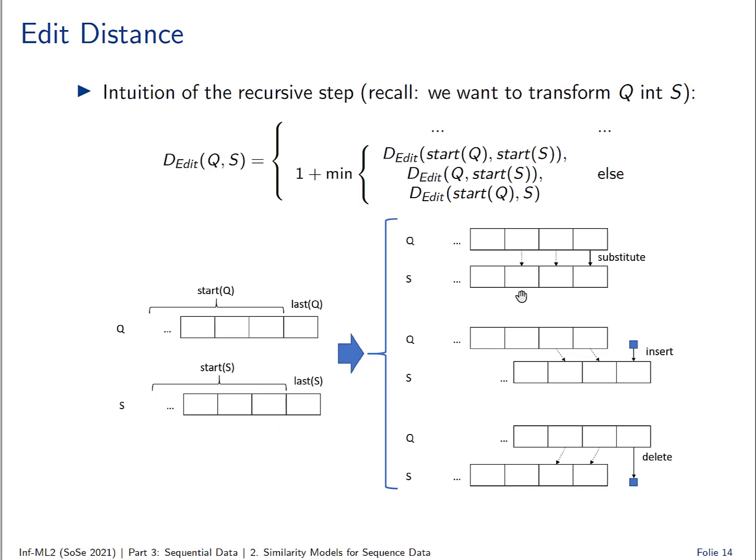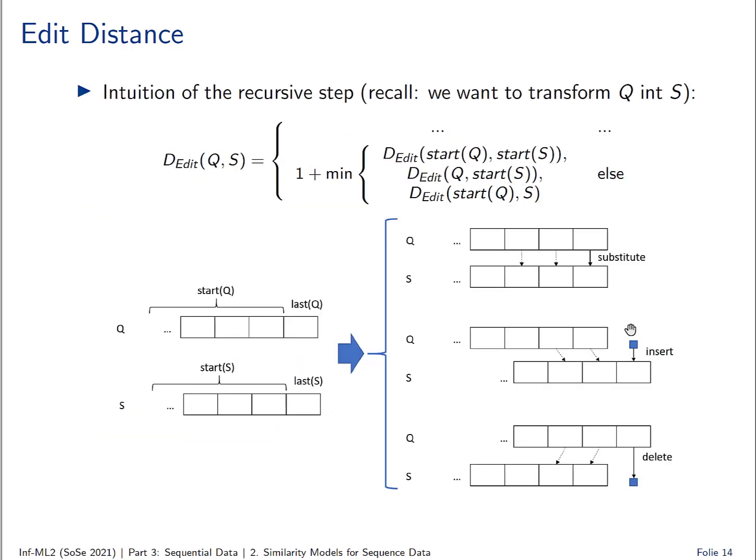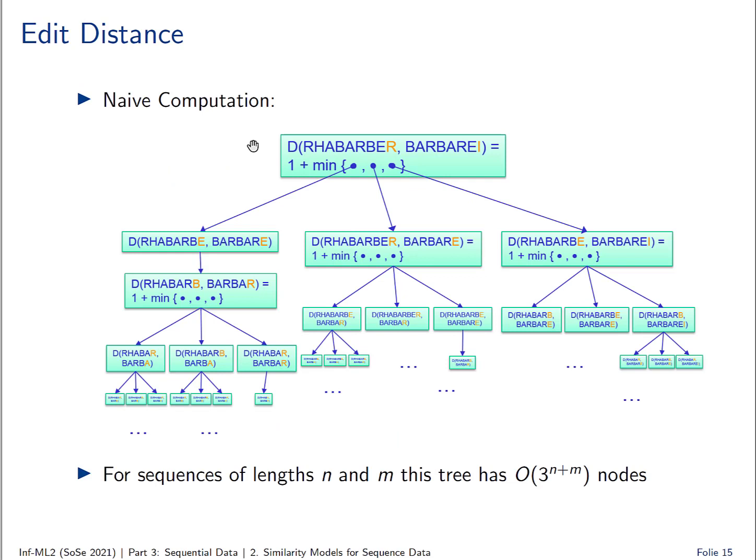Okay, so that sounds a little bit nasty, because in this else case here, which is the case when the whole thing doesn't match, we need to actually examine three recursive calls. So if we take a look at how to compute that in a naive way, here is an example with two sequences.